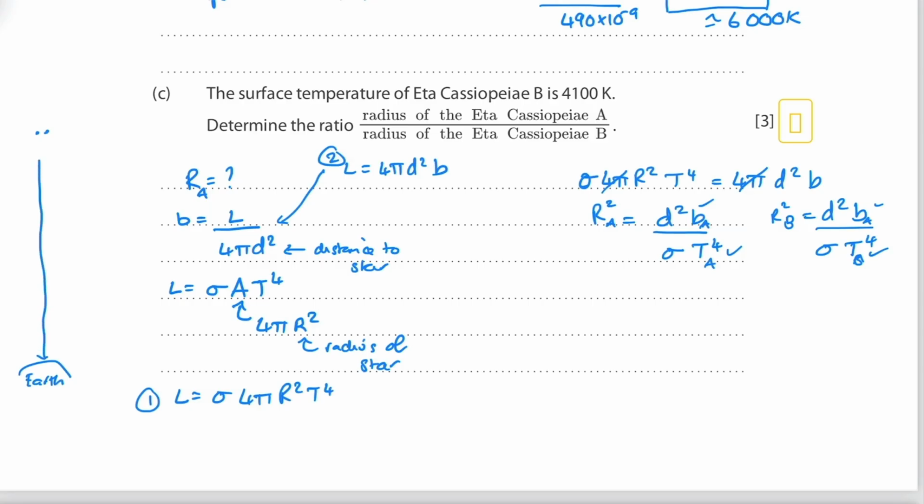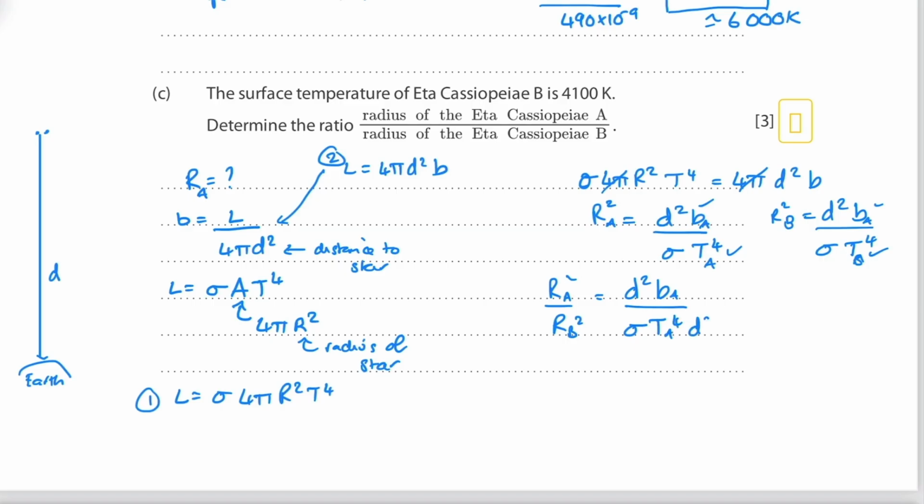Distance to the stars is the same for both. So that's going to be useful because we're going to do this now. Ra squared over Rb squared equals d squared Ba over sigma Ta to the 4th. And then we're going to put Rb in.